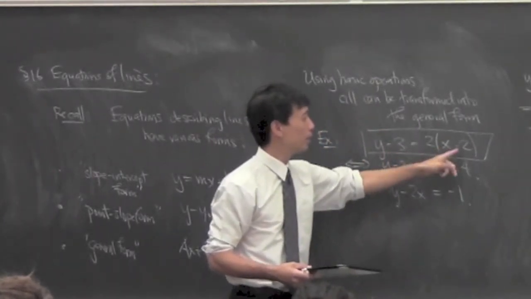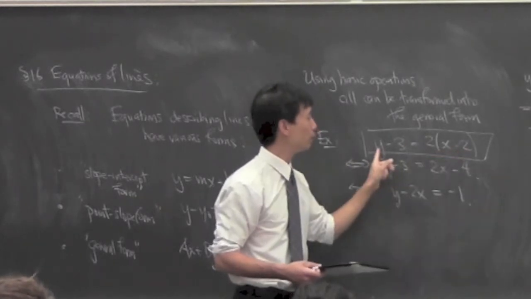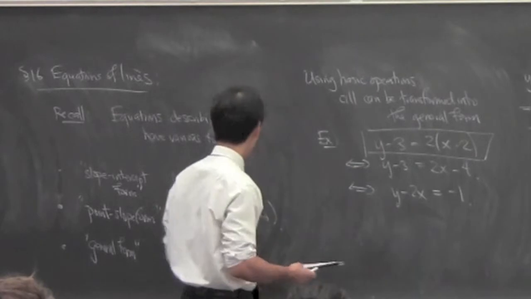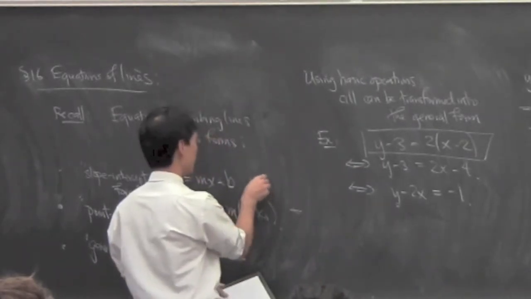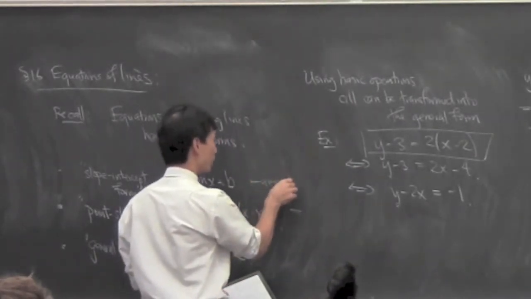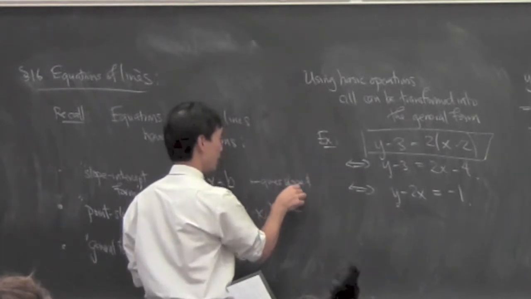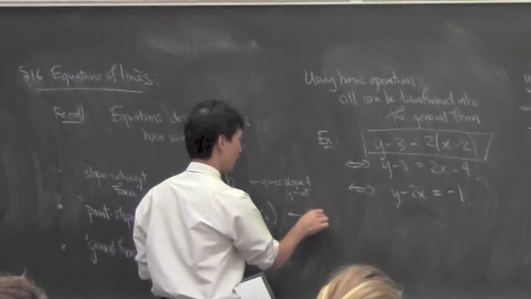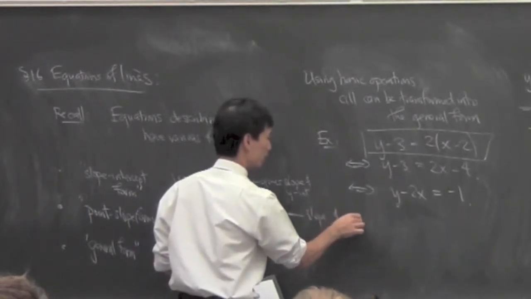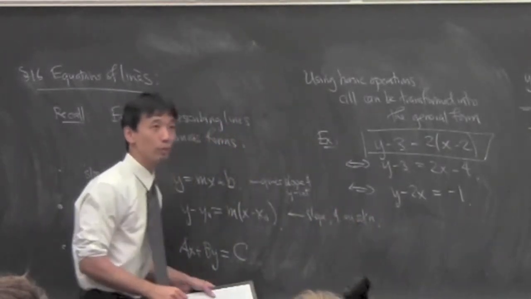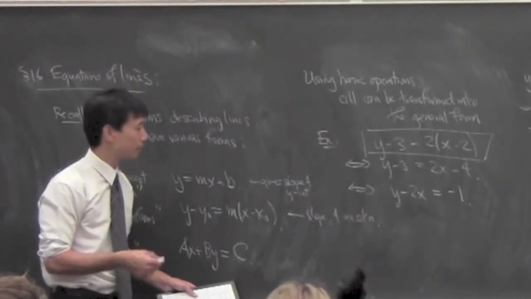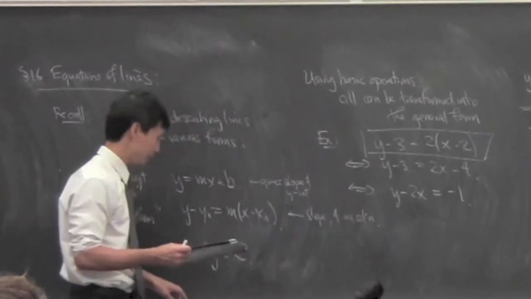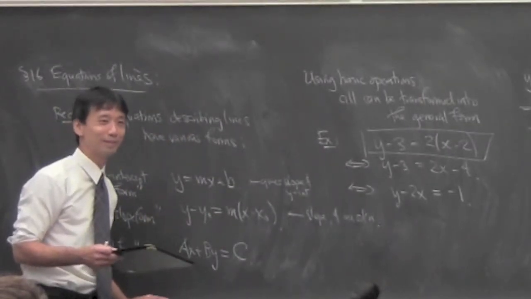I immediately see that if I let x equal 2 and y equal 3, then I have a solution. So this one gives the slope and y-intercept. This one gives the slope and one particular solution. And this one is just the general one.